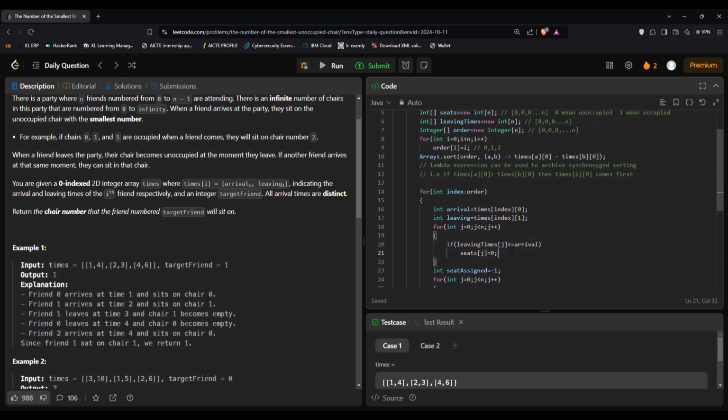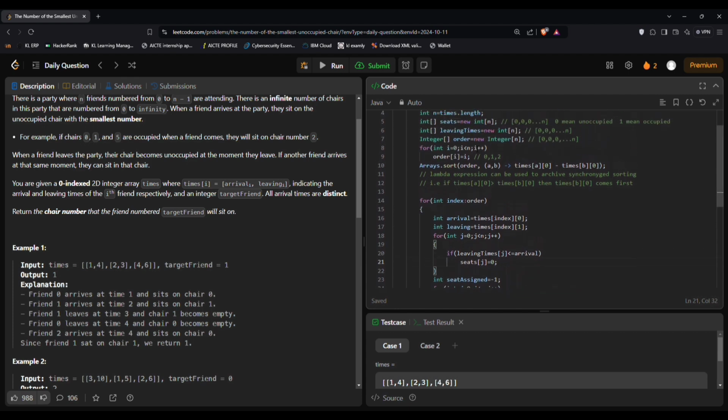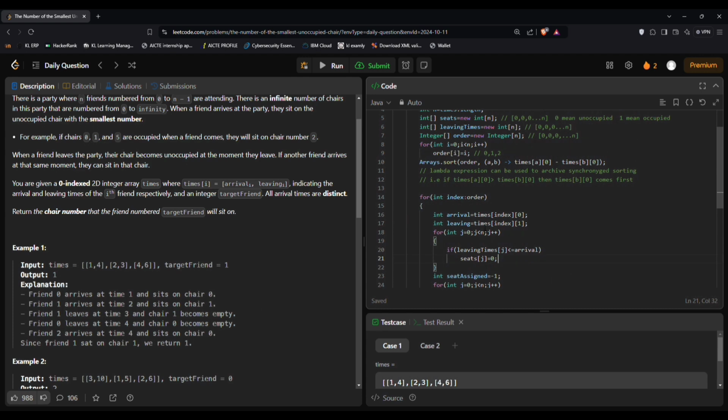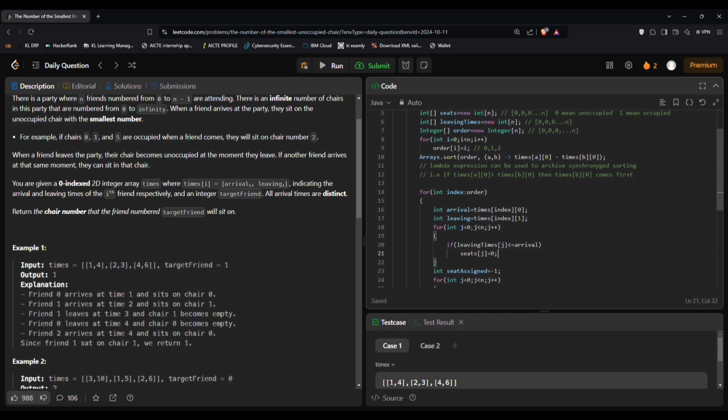Let us take an example. Initially all the seats are 0, and leaving times are also 0 for the first element. The arrival is 4, so all the zeros are less than 4. All the values of the leaving time are less than 4.